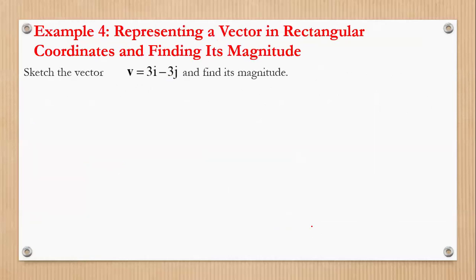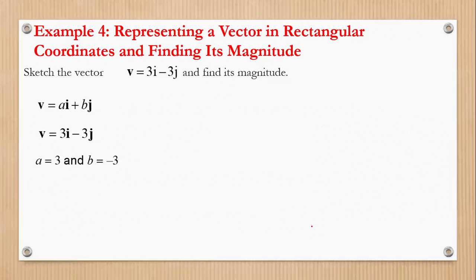So next example, we have a vector v, 3i minus 3j, and we want to find its magnitude. So first we need to sketch the vector. To sketch the vector, we need to know its components, a and b. So what is a in this vector is 3, and what is b is -3. Because a is the number in front of the i, b is the number in front of the j.